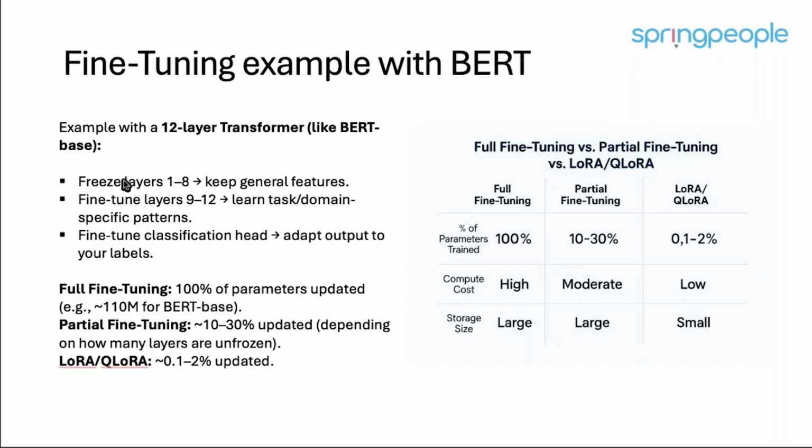So in fine tuning, what you do is you freeze many of these hidden layers, and then open up only the last few layers for training. That way, you don't have to do full training, which is equivalent to building your own model as it is, right?